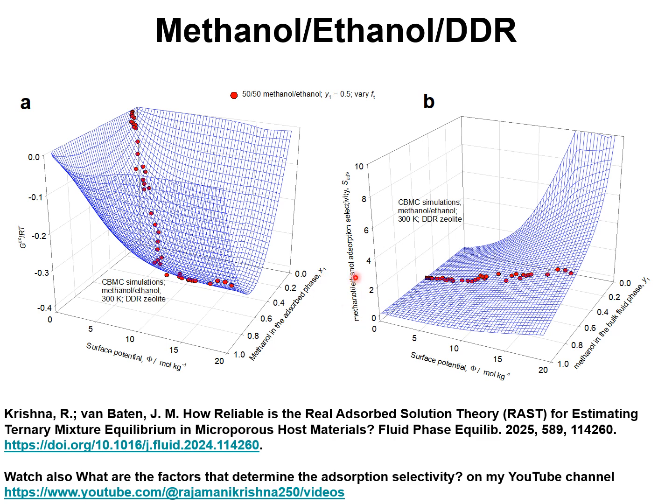The methanol-ethanol adsorption selectivity is seen to depend on both the surface potential and methanol in the bulk gas phase mixture, and the 3D surface mesh has been created using the NRTL model for quantification of the activity coefficients in the solution. We again note that the adsorption selectivity of methanol with respect to ethanol shows a smooth monotonic dependence on these two parameters.